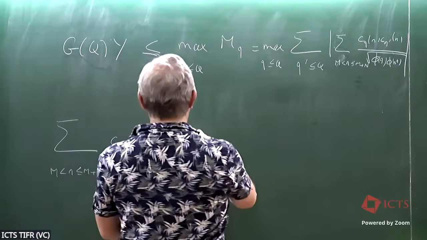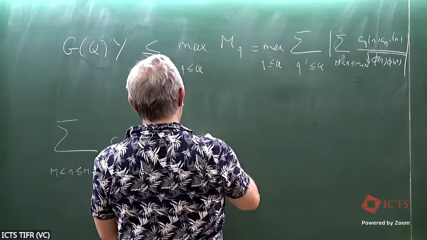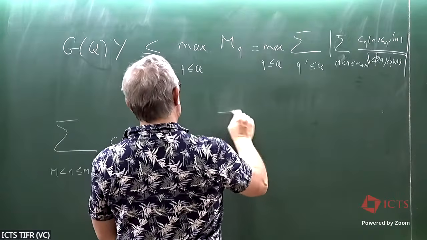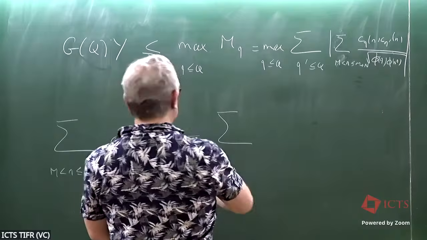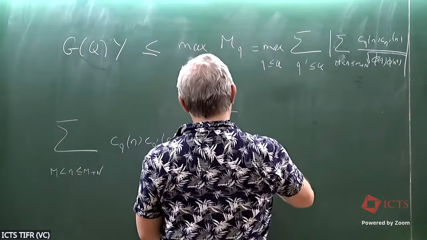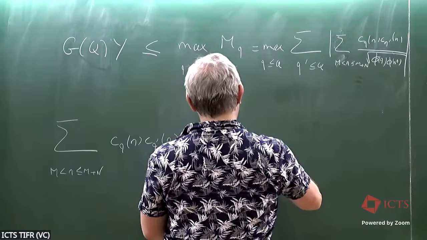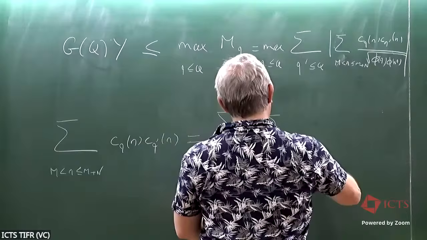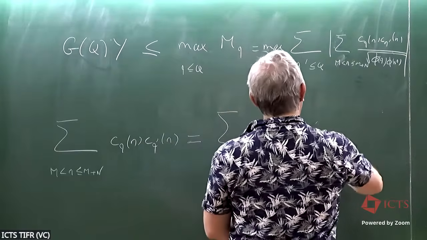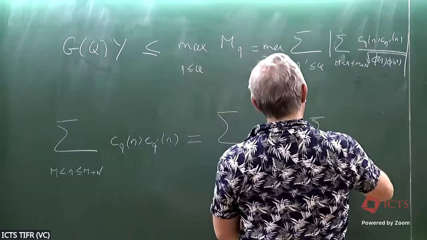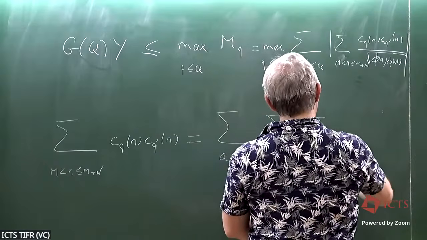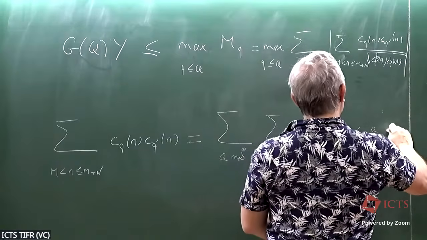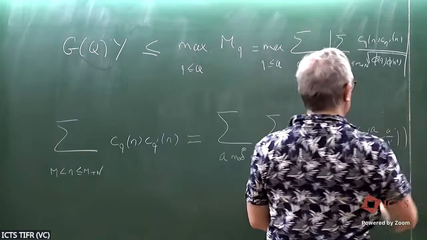Well, I'm going to show you a lazy way, and then I'll let you do the more clever way. It's to expand in terms of exponential sums. The sum for n from m to m plus n of e of n times a by Q minus a prime by Q prime.